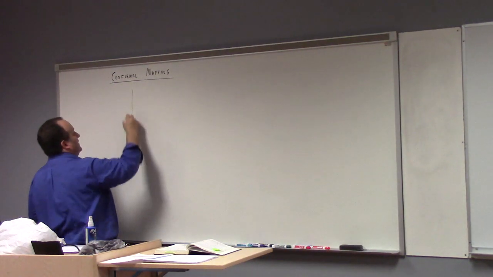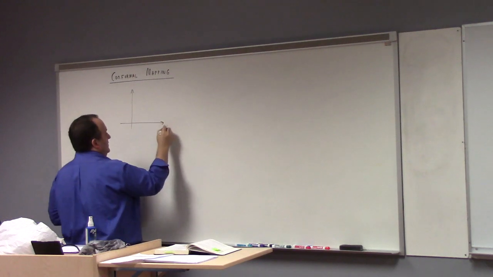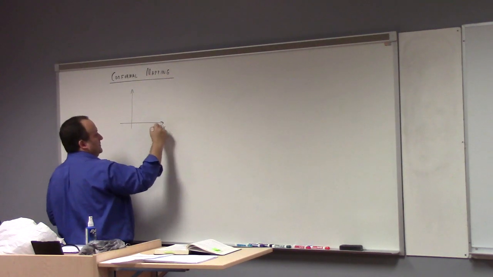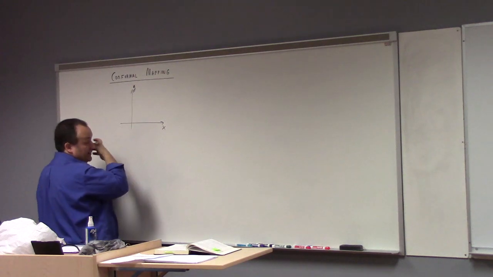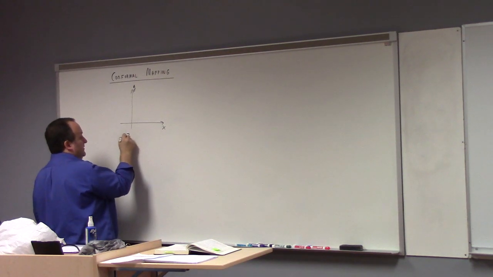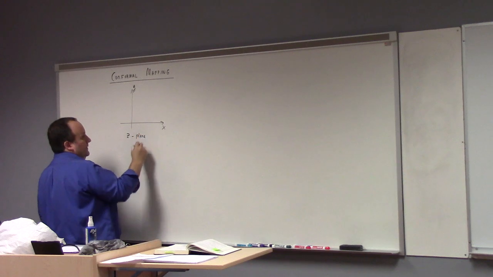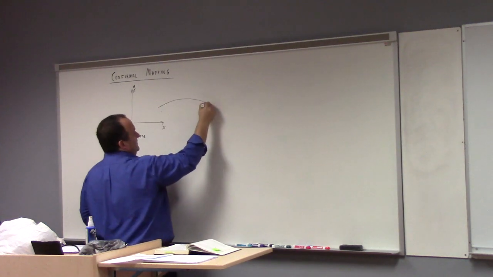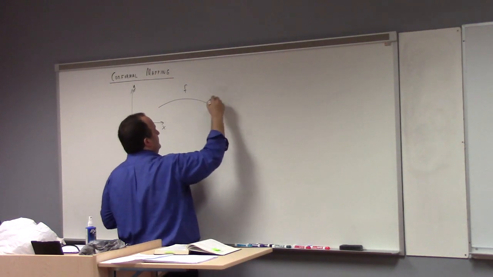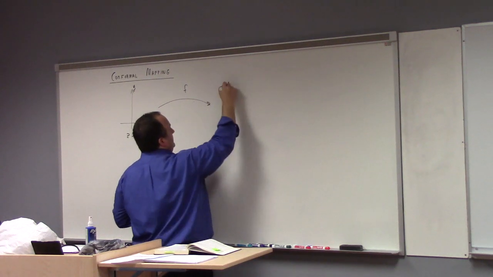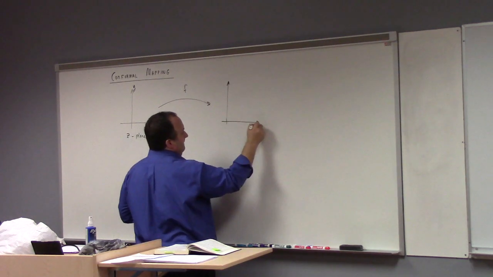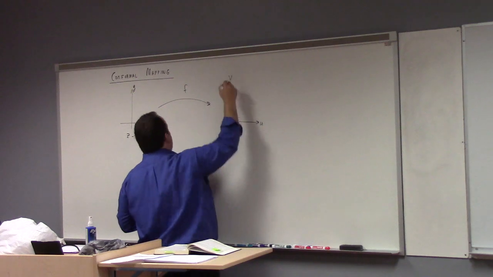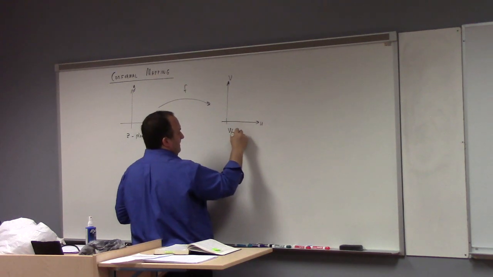Suppose we've got here x and y, so here we've got the z-plane, right? And then we've got some transformation f, all right? And then over here, you've got u and v, you've got the w-plane, right?